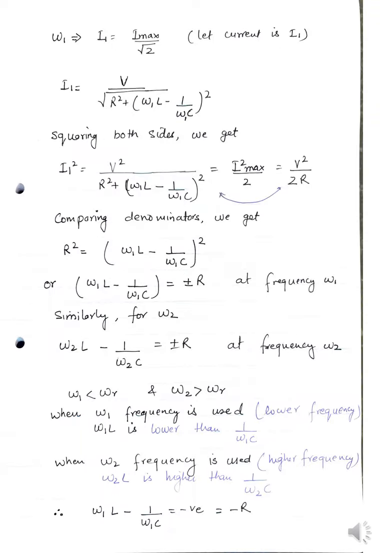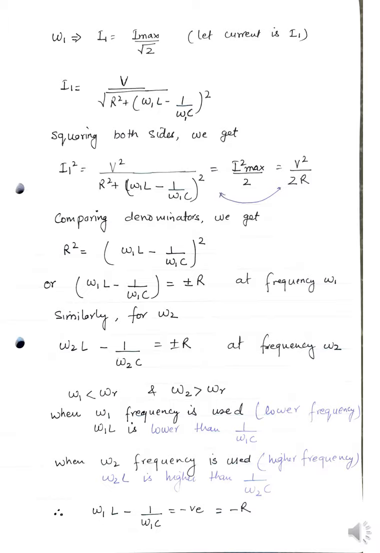Now if you need to find the value of omega 1, then as we know, at this point the current is equal to I max divided by root 2. I assume that the current at this point is I1. So using the formula for impedance and potential, we can say I1 equals V divided by root of R square plus omega 1 L minus 1 upon omega 1 C whole square.